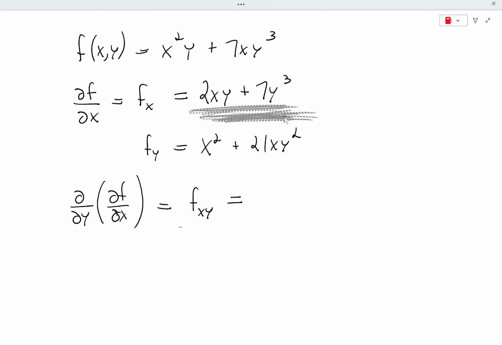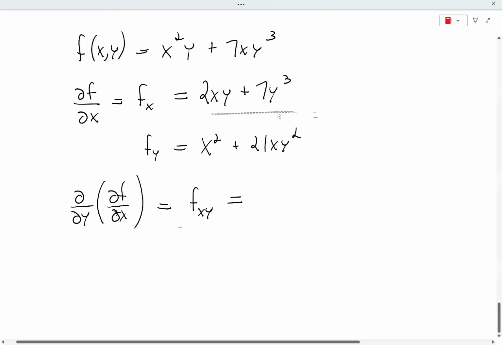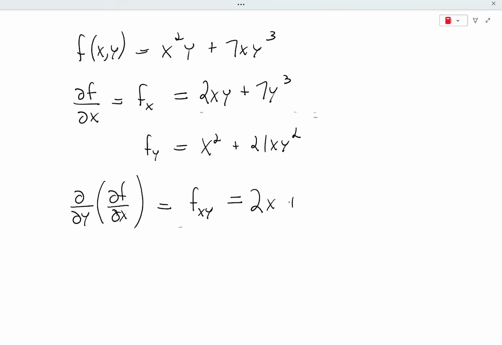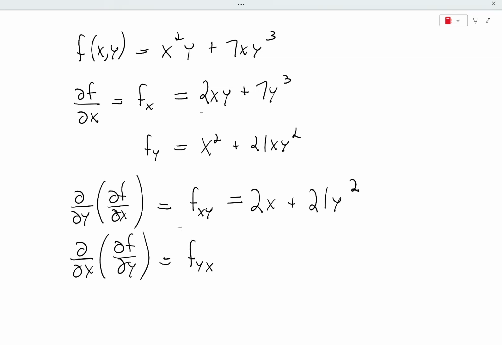So what would that be here then? I take the partial with respect to y now. So that'd be 2x plus 21y squared. Now, if I do the other order, if I take the partial with respect to x of df dy, that's written as the partial with respect to y, then with respect to x. So you take the partial with respect to y, and then the partial with respect to x.